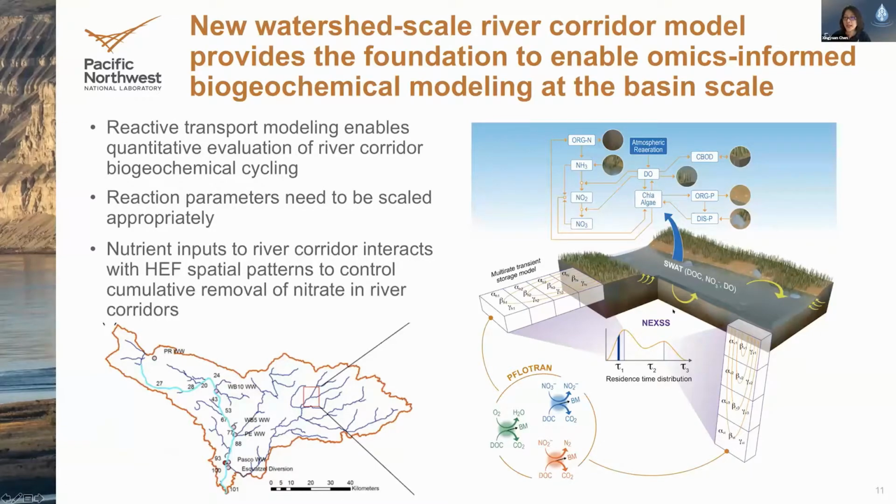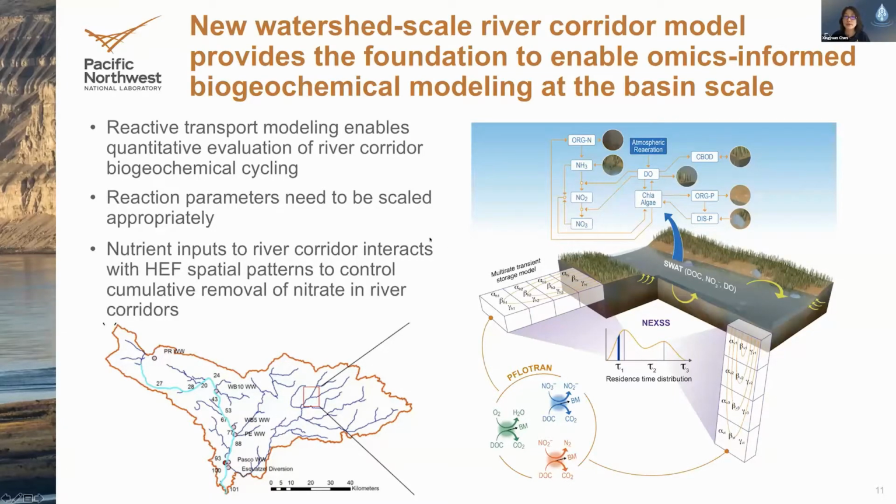For that unit, we use a reduced order model to characterize the hydrologic exchanges between the river and the channel. We specify the same set of reactions across the entire unit, and we apply the reaction rates from lab experiments and field experiments.